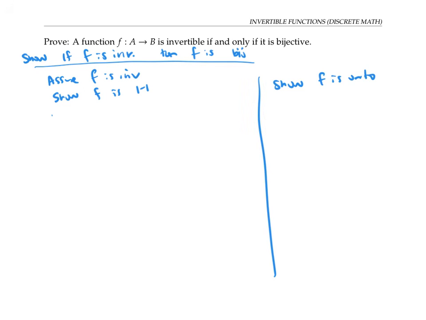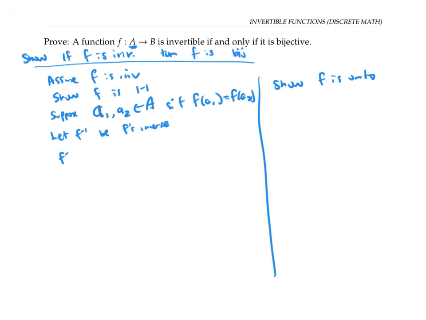To show that F is 1 to 1, suppose that we have A1 and A2 in A, the domain of F, such that F of A1 equals F of A2. They're going to the same place. We're assuming F is invertible, so let F inverse be F's inverse. Then we can apply F inverse to F of A1. That's going to equal F inverse of F of A2.